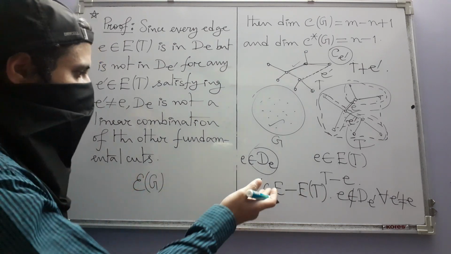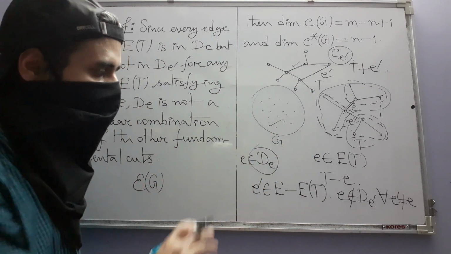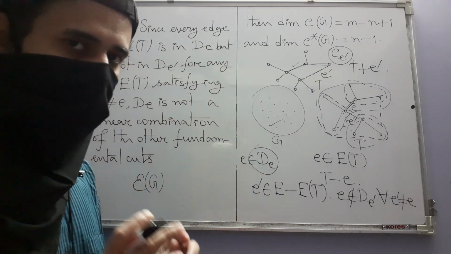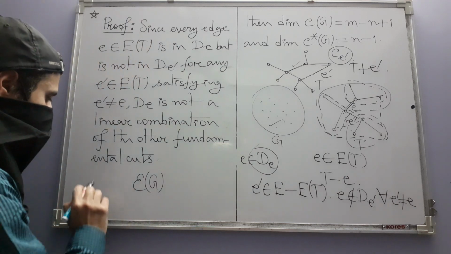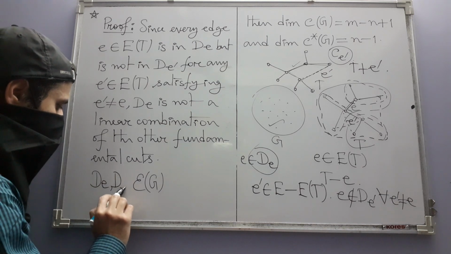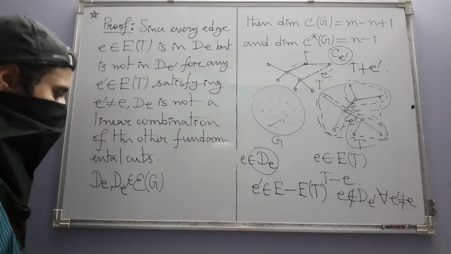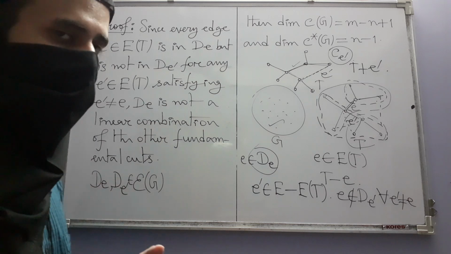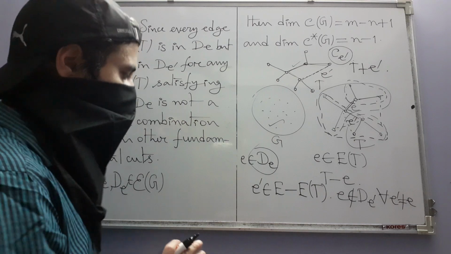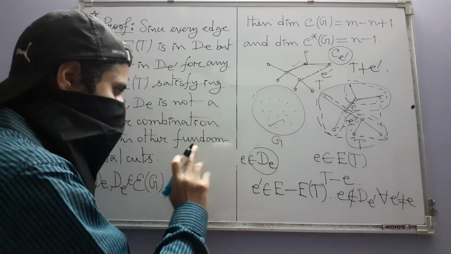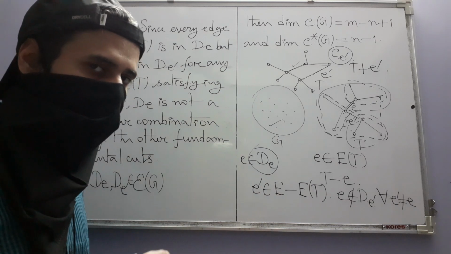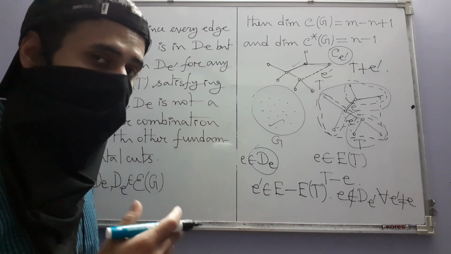Now, for example, this DE is one vector. All the fundamental cuts are elements in this edge space, that is, they are vectors in this vector space. And in this vector space, do not forget that these are bonds, special types of cuts. And we already have seen that in the cut space, any cut is actually a disjoint union of bonds.